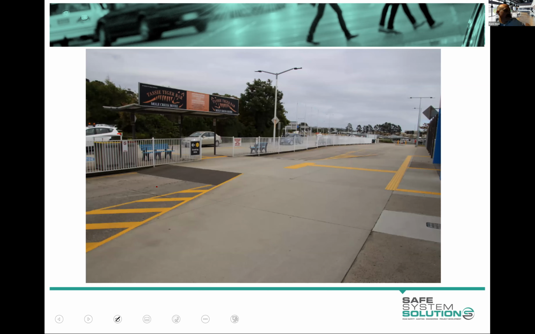Prize for the person who can tell me where this is. That's a little bit of a harder one, actually. Do you know where this one is, Max? I can read the sign in the background, but I don't actually know which part of the state that is. Yes, it's not in Mole Creek, but if you know where Mole Creek is, it probably gives you a little.